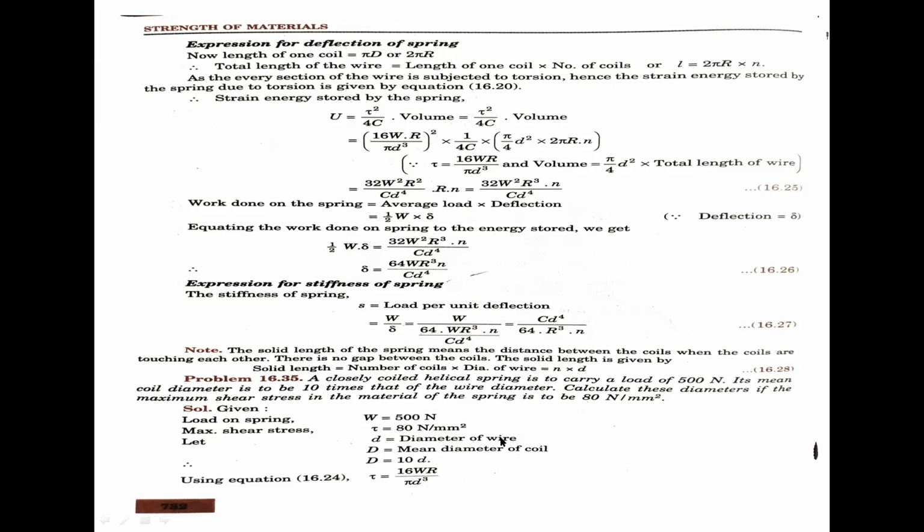Small d is the diameter of the wire, and capital D is the mean diameter of the coil. Capital D equals 10 times the diameter of the wire. So the mean coil diameter, capital D, equals 10 into small d.